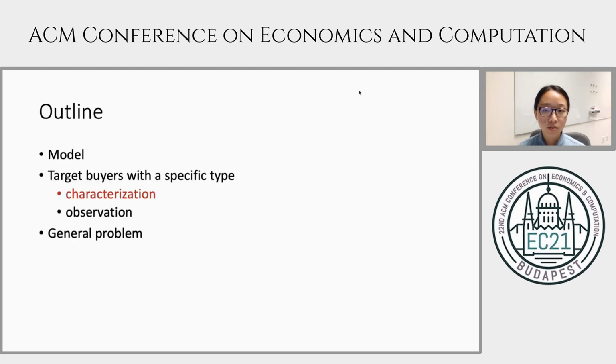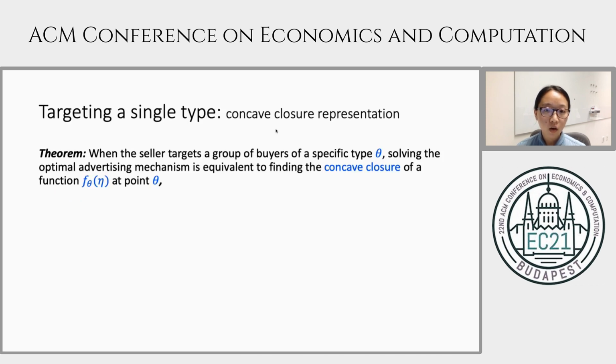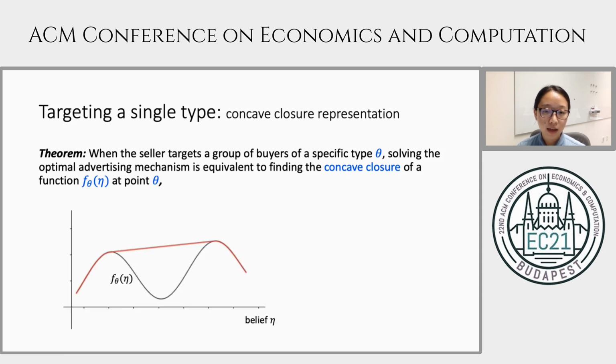So what we observed in this example is actually not a coincidence. We showed that solving the optimal mechanism is equivalent to finding the concave closure of a function f at point theta. So this is an example of a possible f and its concave closure. The concave closure of a function is basically the minimum concave function that is above that function.